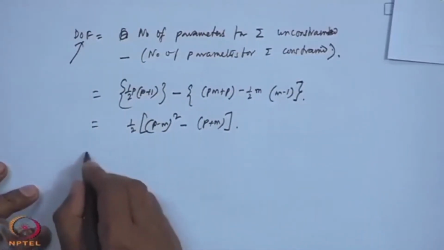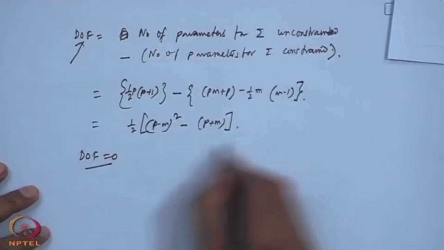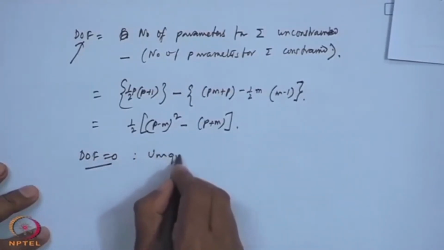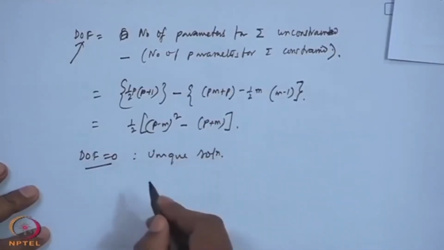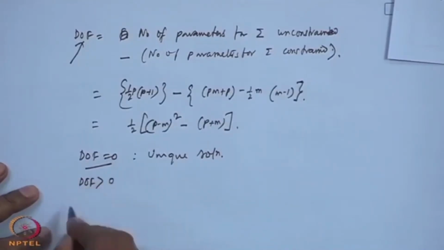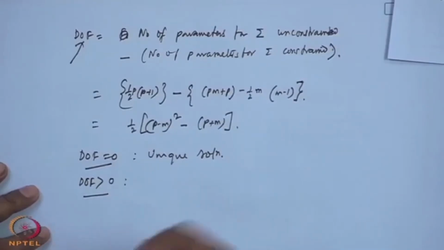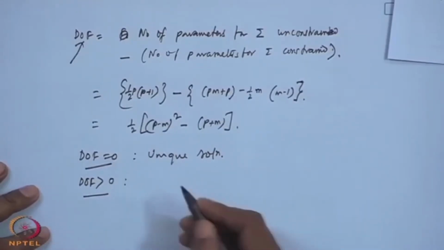Now, if your degrees of freedom, DOF, is 0, you will get a unique solution. If DOF is greater than 0, you have several solutions.